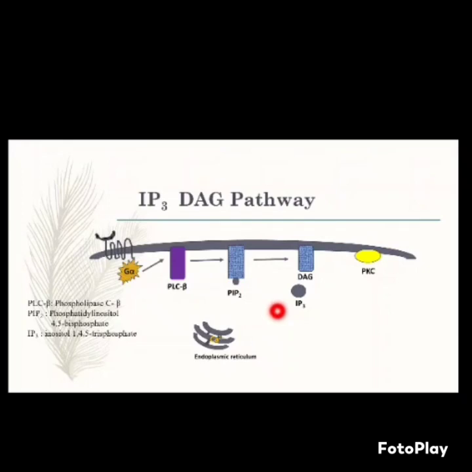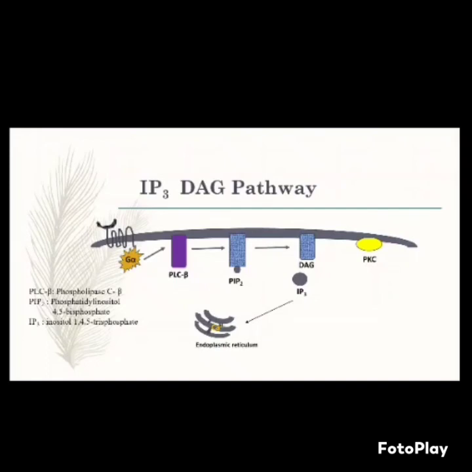What is happening after that? Basically, this IP3 will hit the endoplasmic reticulum. IP3 will bind the calcium channel of this endoplasmic reticulum, and due to this binding, a huge amount of calcium will come out into the cytosolic part.